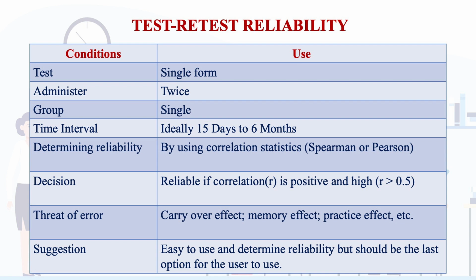The suggestion here is that it is very easy to use and determine reliability, but it should be the last option for the user, because the chances of carryover, memory and practice effects are very high so far as test reliability is concerned.